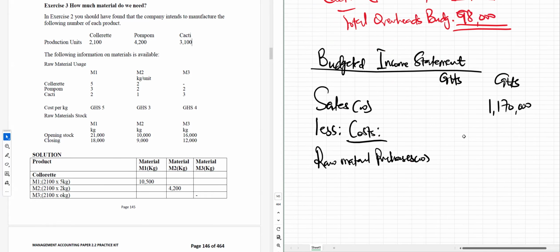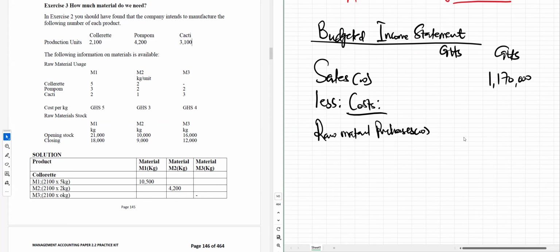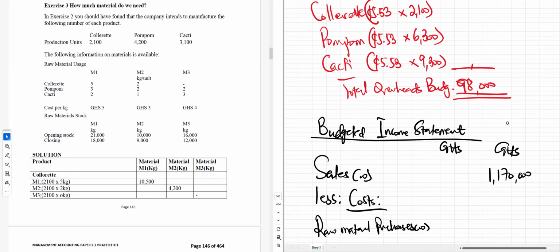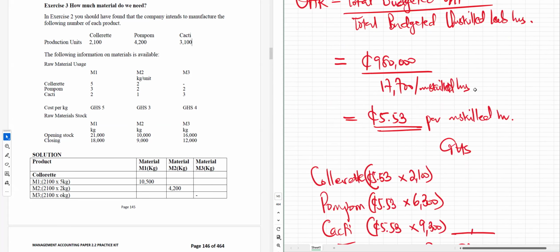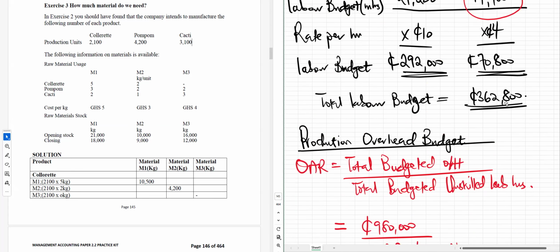So now raw material purchases, you're adding, you're saying 230,400, right? Then did we have labor? Labor, you're adding, you're saying labor. 362,800, right?